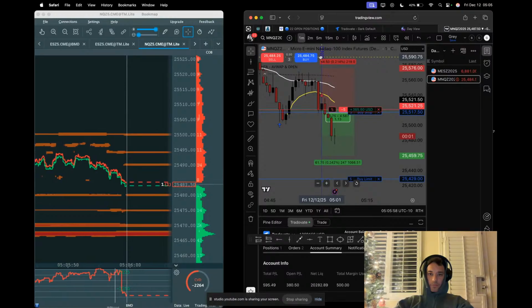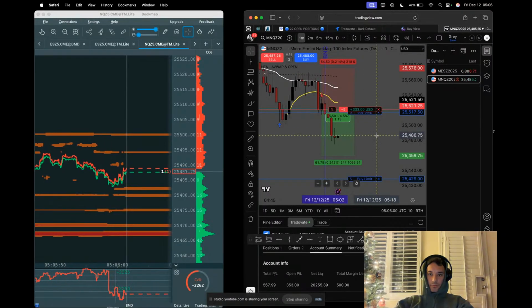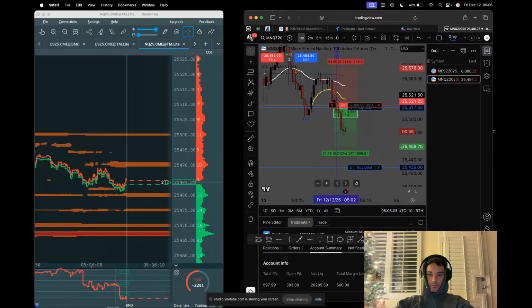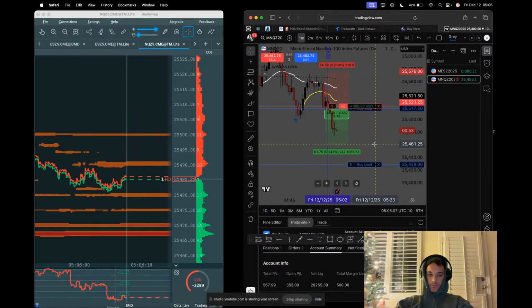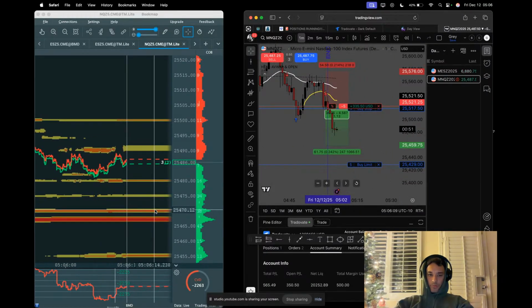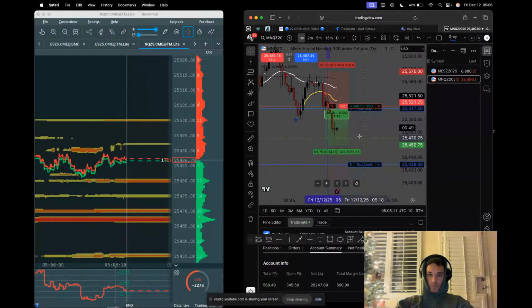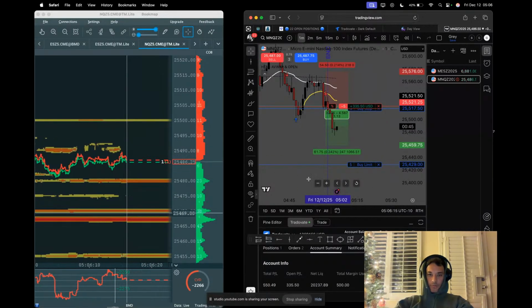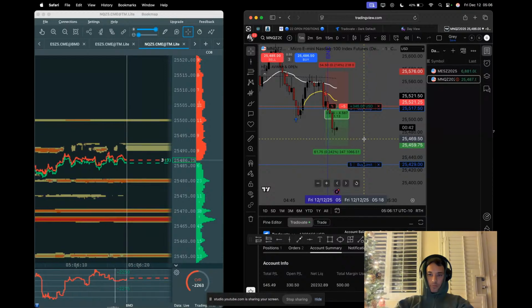Bounce play. I was gonna withdraw some or remove some contracts here. But I kind of want to see what happens. 467.